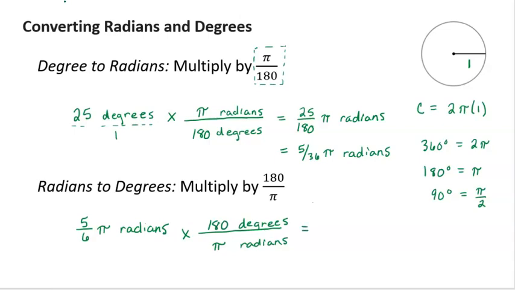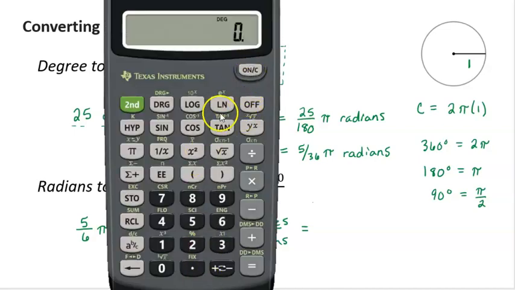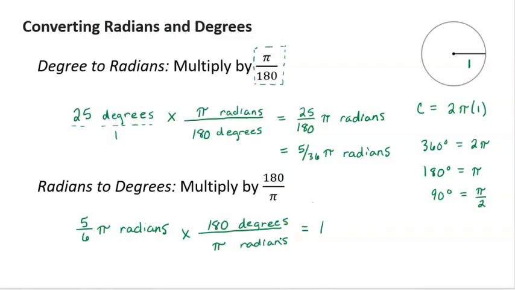And so now for this, I'm going to have 5 over 6 times 180, and I get 150. And then notice how I had pi radians on the top and pi radians on the bottom, and now I'm just left with degrees. And so this would be 150 degrees is equal to 5 over 6 pi.